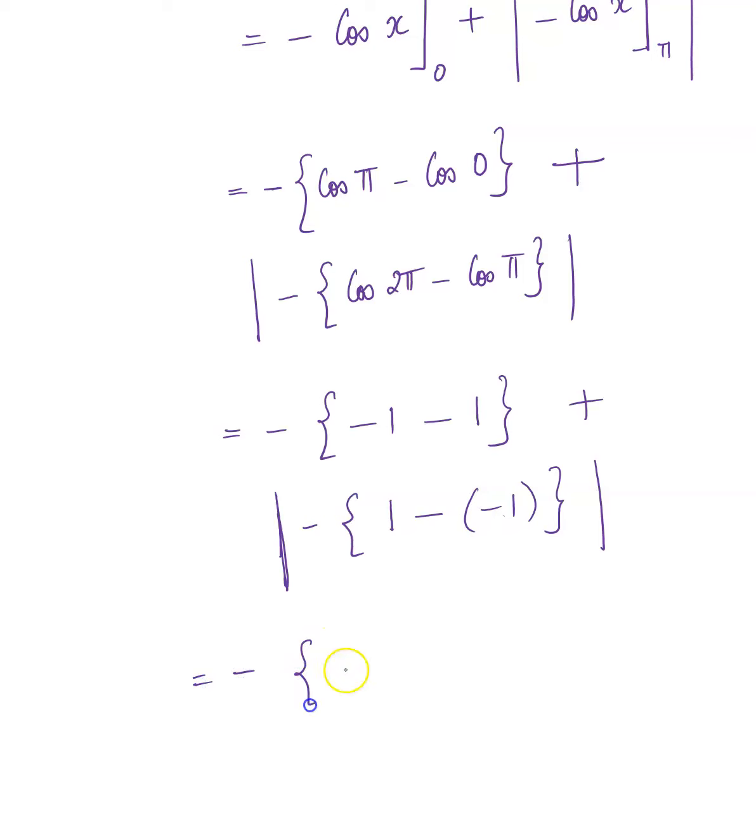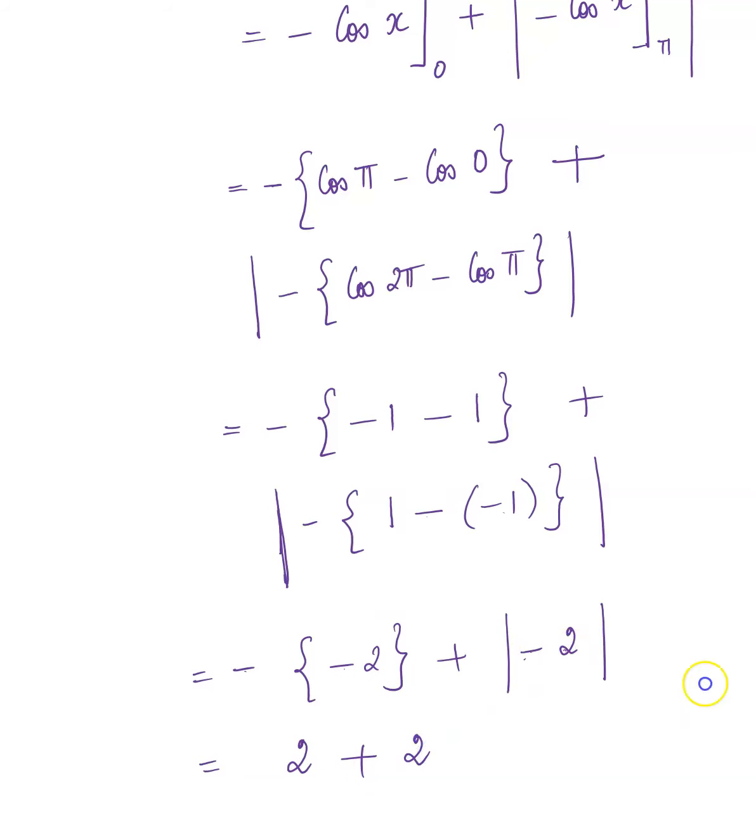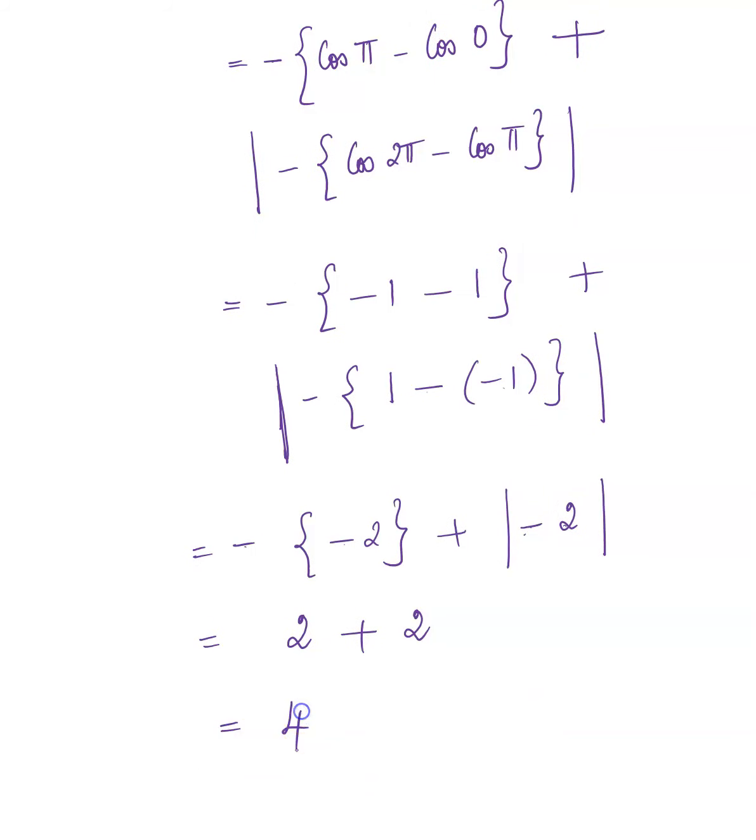So that's going to be negative of negative 1 is negative 2, plus absolute value of negative 1 minus of minus 1, which is 1 plus 1, which is 2. Negative of negative, this is positive 2 plus absolute value of negative 2 returns a positive 2. So 2 plus 2 is actually 4.